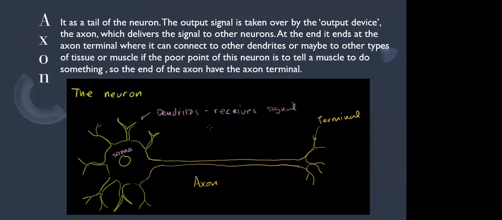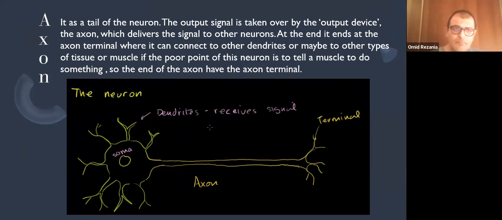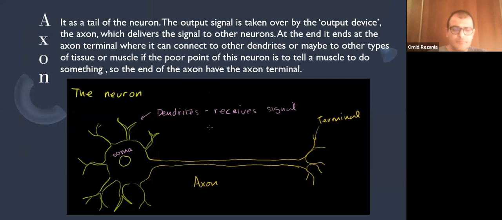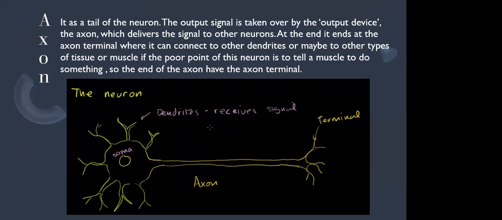The axon is the output part of the neuron. The output signal is taken over by the output device, the axon, which delivers the signal to other neurons.